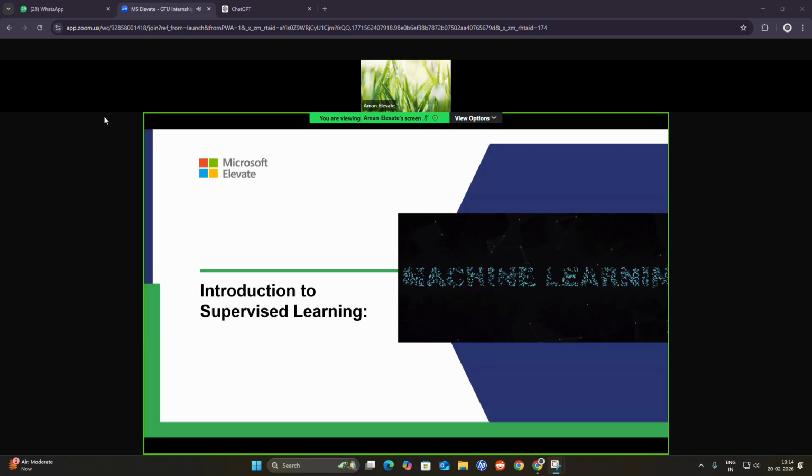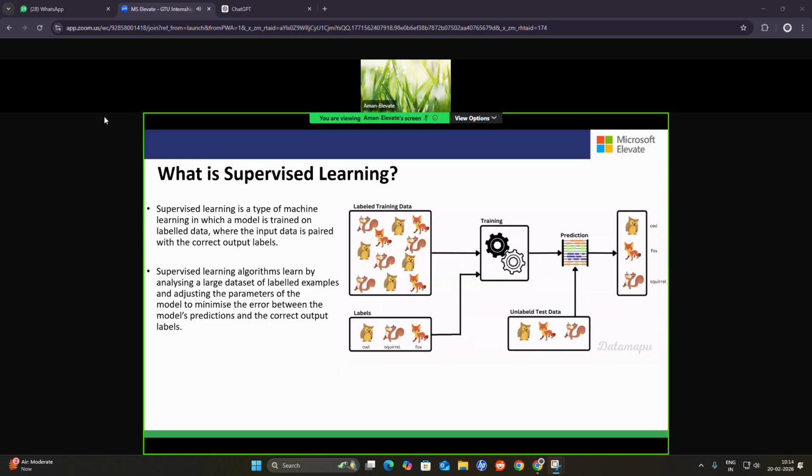So this is what we have done till now, and now let's start the next part of machine learning, that is supervised machine learning, as you can see. So let's start with supervised machine learning.